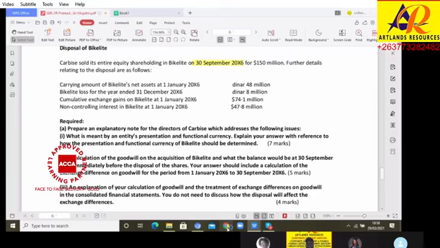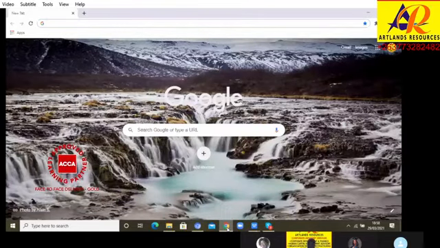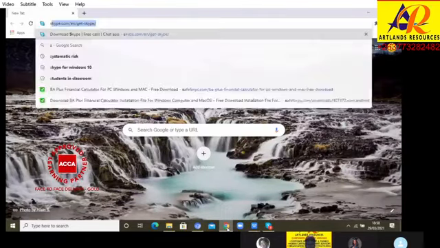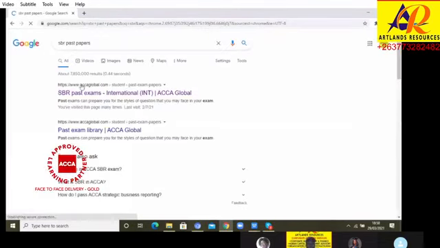It's the same question. Let me download the March 2020 paper because I need you to see these side by side. I need to explain as broad as I can. Allow it to open in Chrome there. SBR past papers, SBR International.